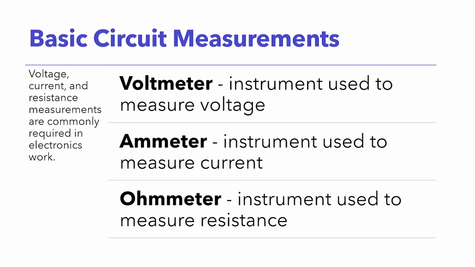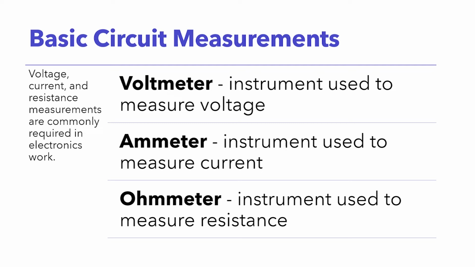Previously, we have looked into electrical quantities: voltage, current, and resistance. How to measure them? Okay. Basically, there are three circuit measurements that are commonly required in electronics work. First is the voltmeter, used to measure voltage.